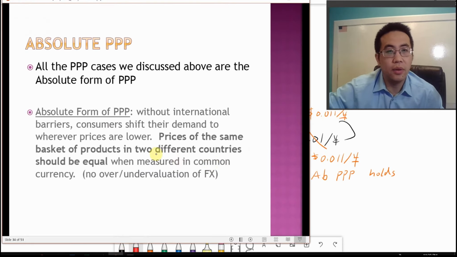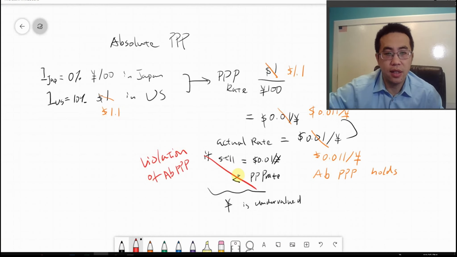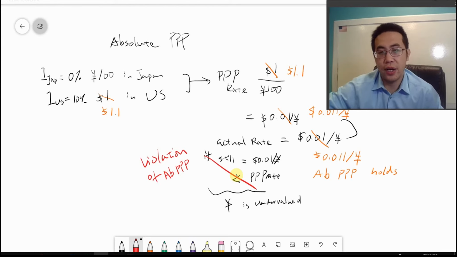Okay, and right here, we know that a situation like this exists in a lot of countries, like China, like India, like Poland, Norway, or Switzerland. It's just a matter of how much the currency is overvalued or undervalued. And we don't see the actual exchange rate always equal to the purchasing power parity rate.